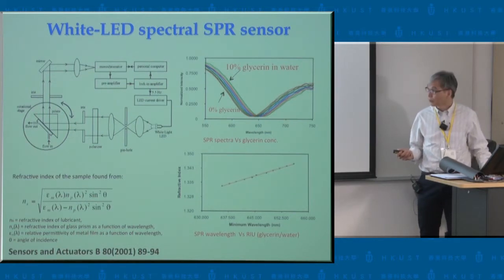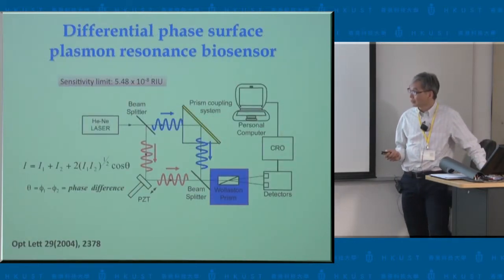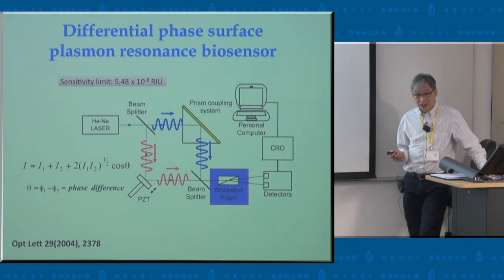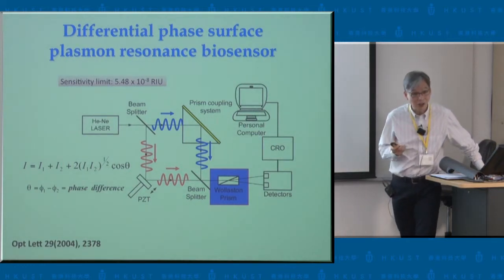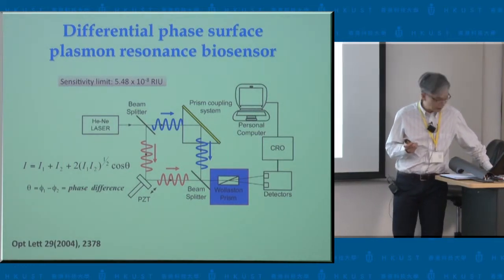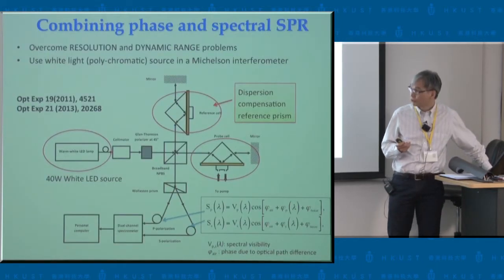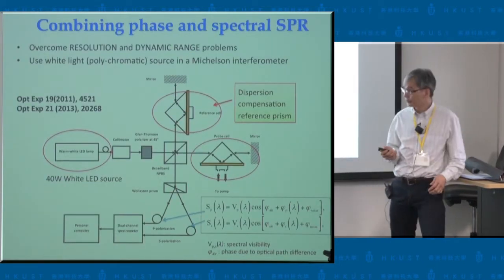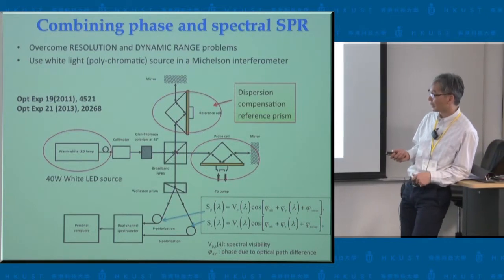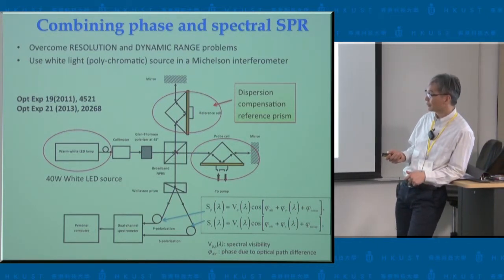We combine that white light technique with the interferometer technique, as if it's like an OCT, optical coherence tomography system, which is like this. So an interferometer with white light, with very little coherence, so we had to put in a dispersion compensation reference prism to make sure that the two beams interfere correctly.